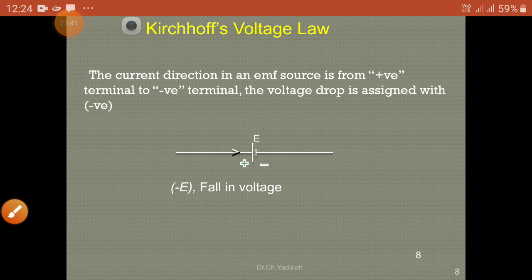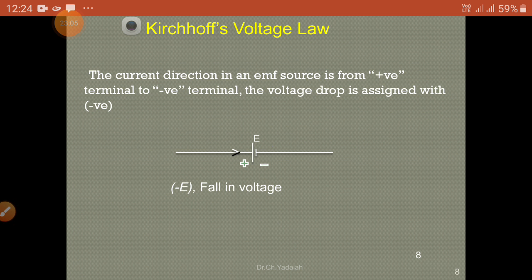Okay. So these are the four assumptions you have to remember. One is the current flowing in the load resistor and the loop current are both in the same direction, you have to take the drop as a negative value. If the current in the resistor and the assumed loop direction are opposite, you have to take the drop as a positive.